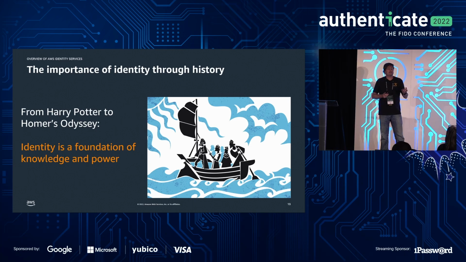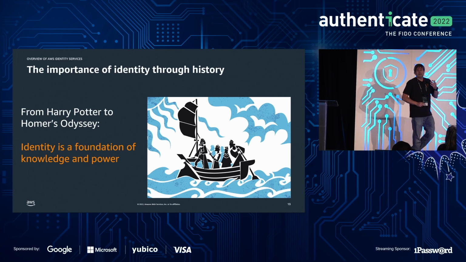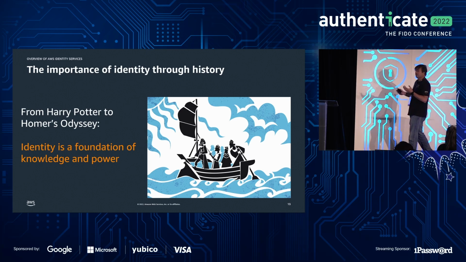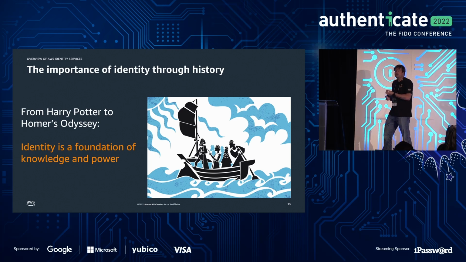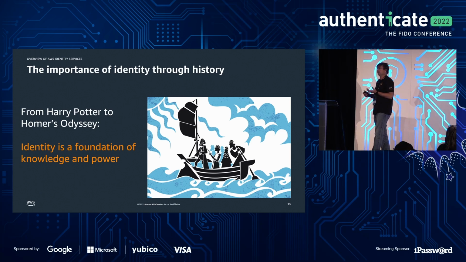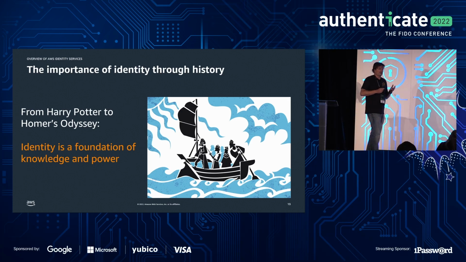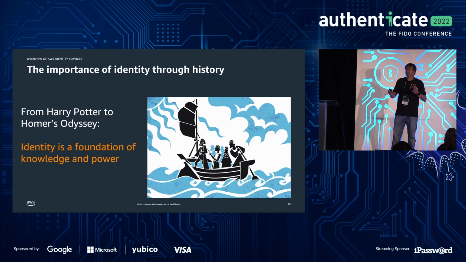And it's not just these current things. We can go all the way back to ancient Greece with Homer's Odyssey, where identity plays a really key, critical part of the entire storyline. In one of the books, Odysseus and his men get captured by a Cyclops named Polyphemus.